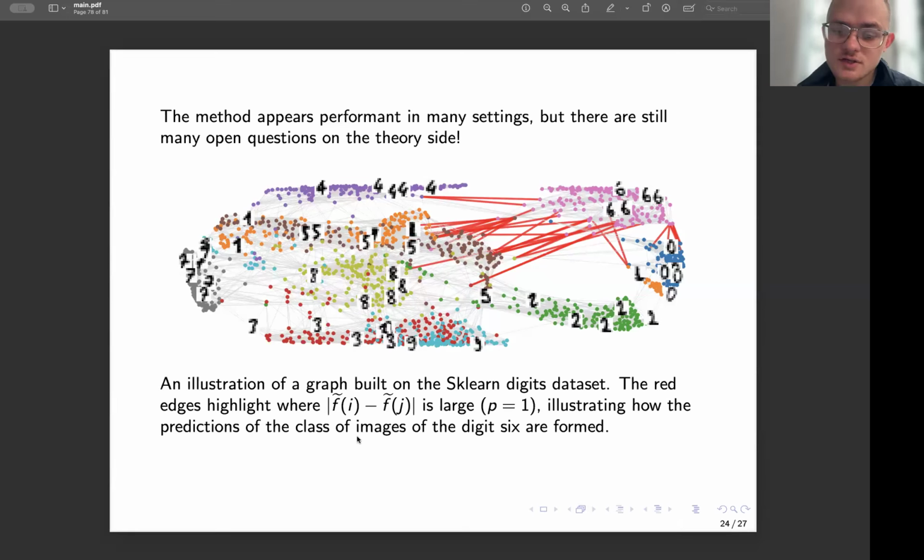Where the gradients of the potential are very high, you see red edges. This allows us to connect, at least at an intuitive level, our method to a min-cut problem. What I'm essentially doing is trying to draw a box or create a cut around my 6s, isolate them from the rest of the graph, and then build a prediction rule based on that. And that's roughly how this method operates.